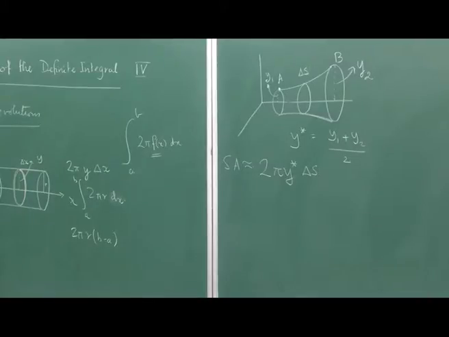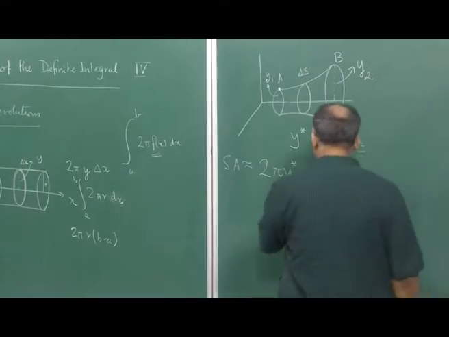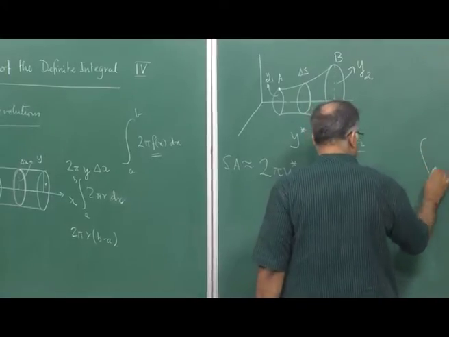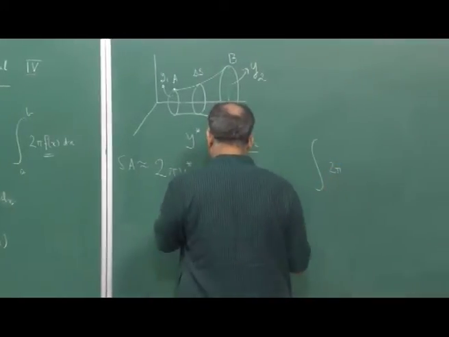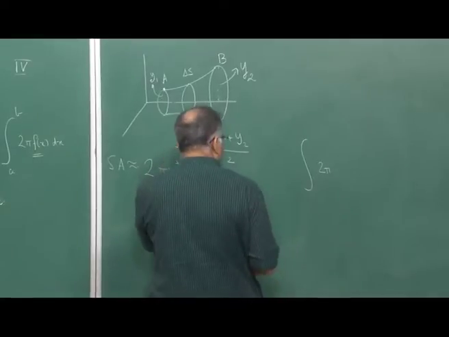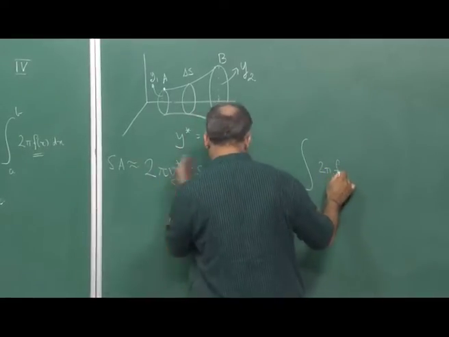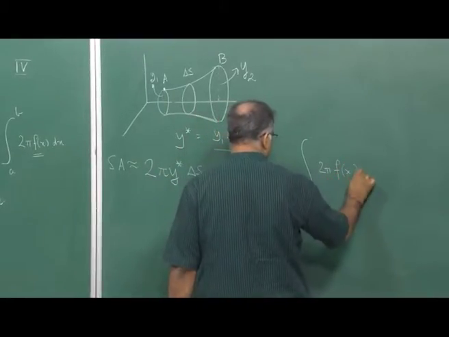Now, how to handle this situation? From here what can you say? How to make an intuitive jump? The intuitive jump would be that essentially you integrate 2 pi. You just cannot take one average point, you take f x as the function value changes, which is y, into d s.